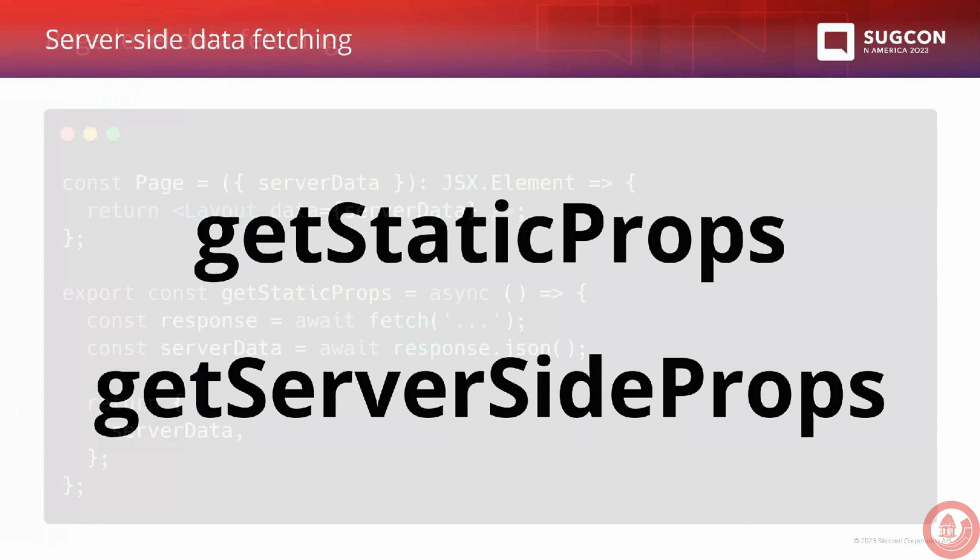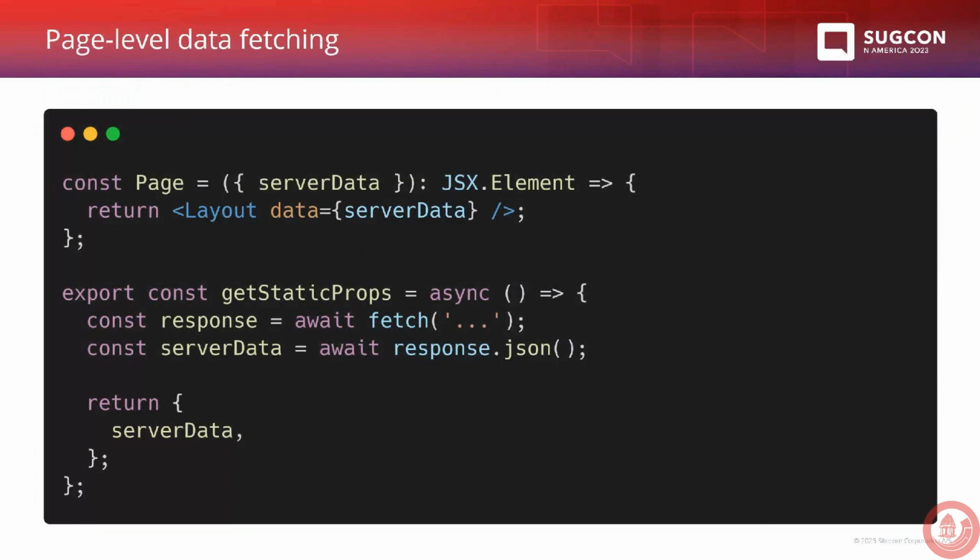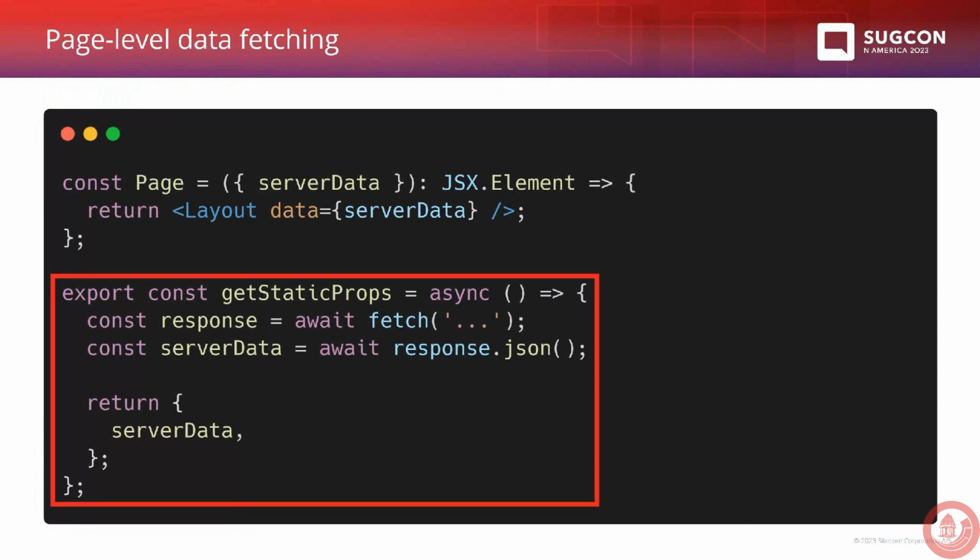So again, this is just talking about a vanilla Next.js app. We're taking Sitecore out of the picture here. In a vanilla Next.js application, getStaticProps and getServerSideProps are page level functions. So you export one of these functions from your page like I've done here. I've got my page, and then alongside it, I'm exporting getStaticProps. Within this method, you can make your API call.